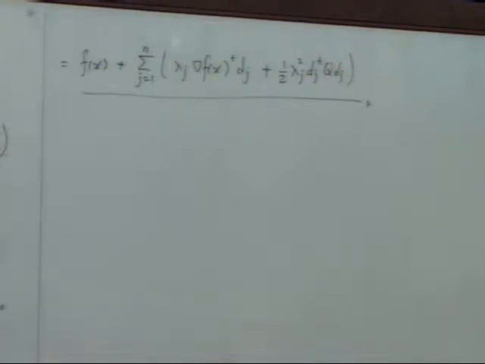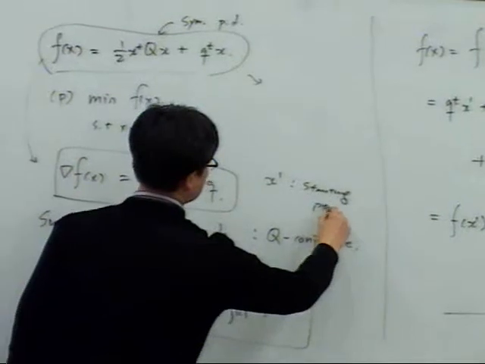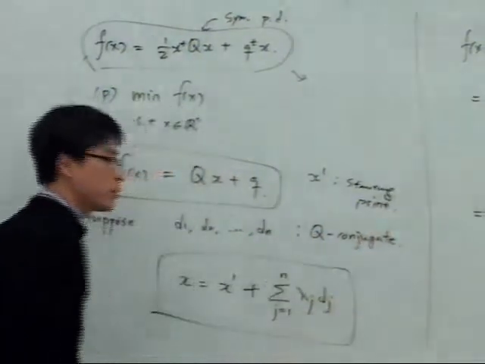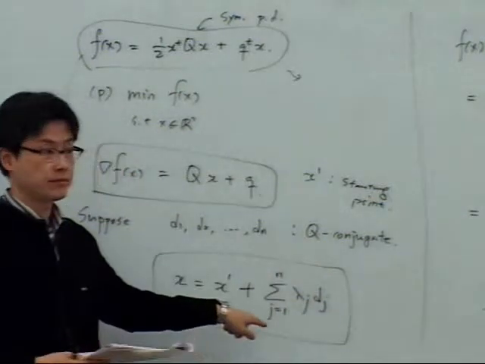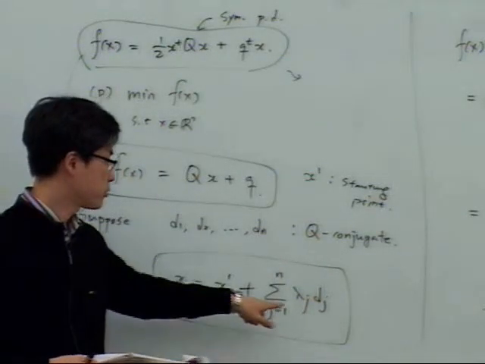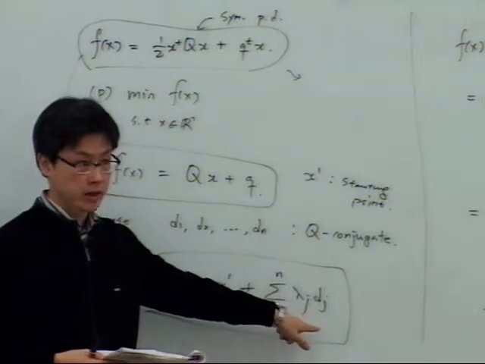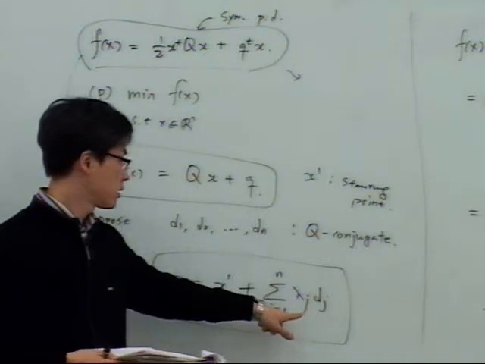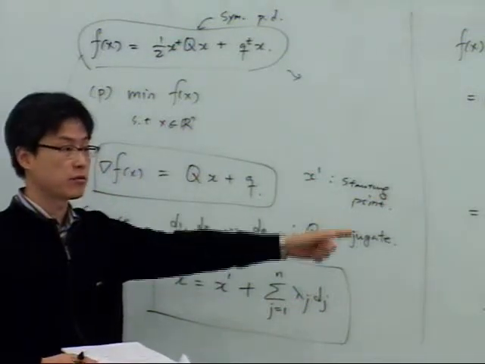And we suppose that x1 is the starting point, and we move following this direction, because the d_j's are linearly independent directions, and a summation of them makes some direction, right?